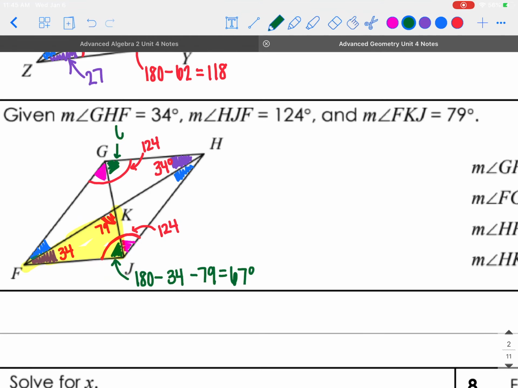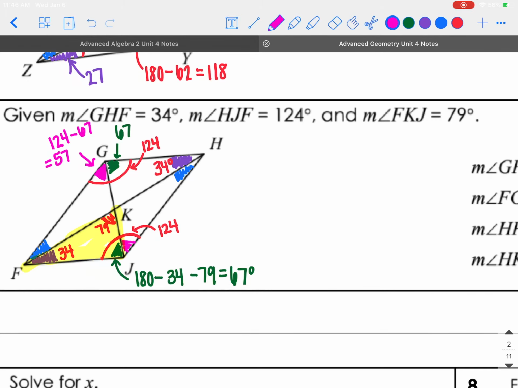So those green angles are 67. Which means the pink angles, I can do 124 minus 67, which is 57. So that's going to help me there.